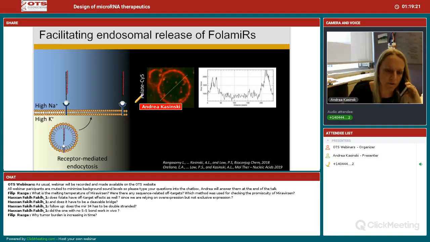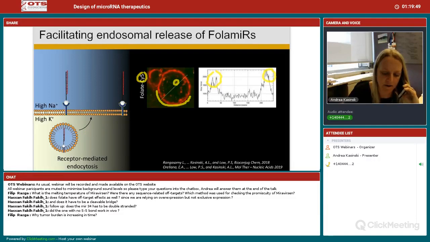And I'm just showing you here a confocal image to show you that indeed, if we fluorescently conjugate folate to a Cy5 fluorophore and monitor where it's going in the cell, we certainly see a lot of these punctae that are reminiscent of these endosomes. And then what we also see is this very strong signal from the periphery, and you can see that here when we quantify this, looking at the pixel intensity.